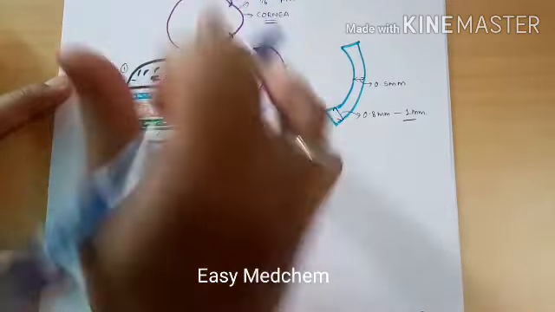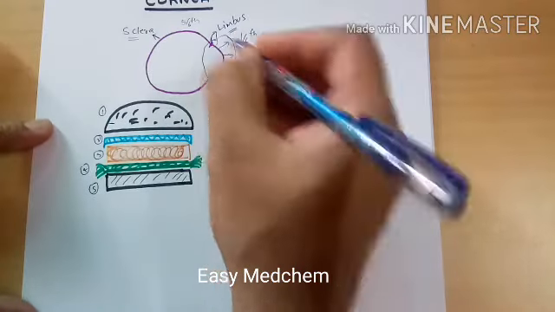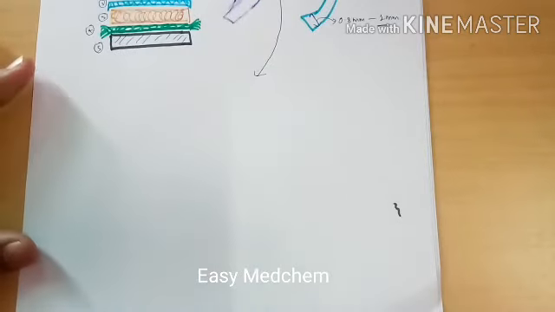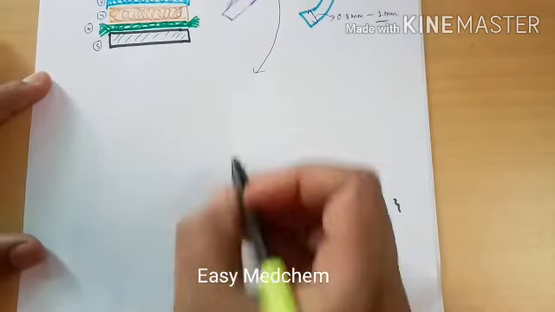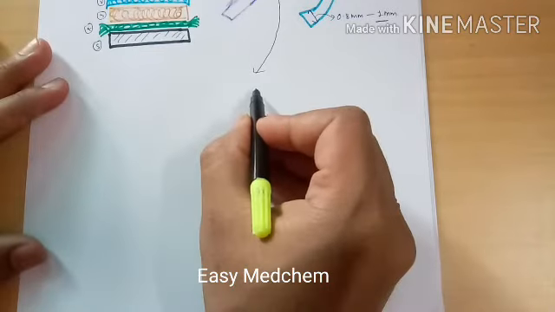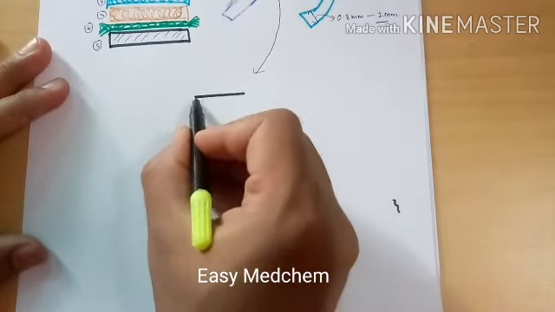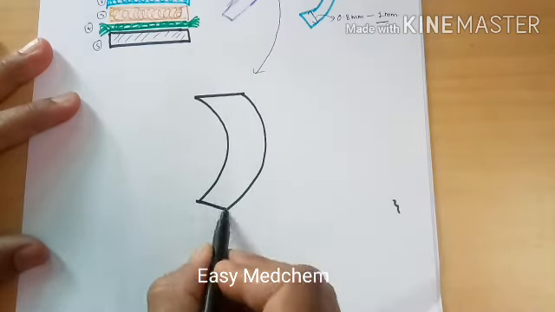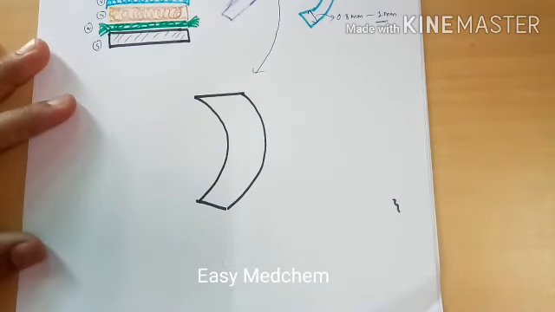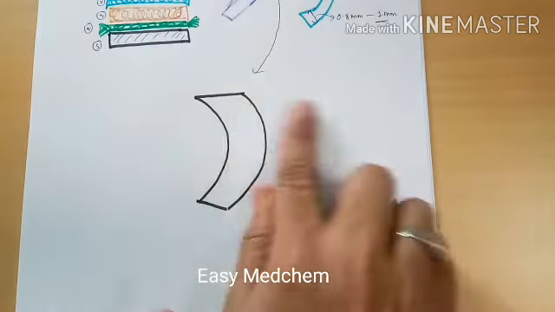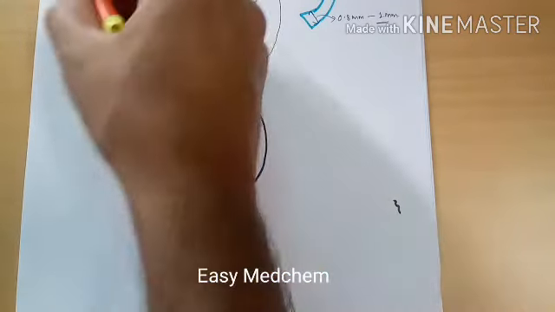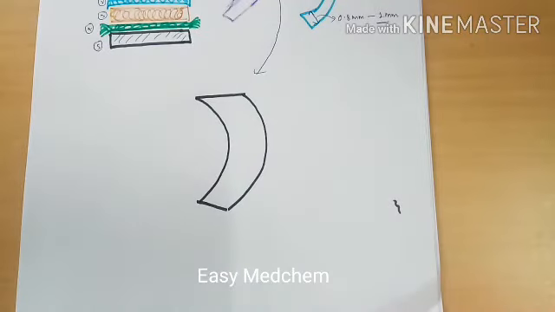So if I draw this part bigger here, this is the cornea. The front part, the outermost portion of the cornea, consists of the first layer, the burger's outermost layer.